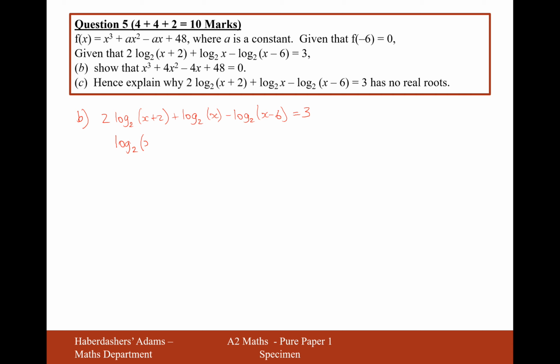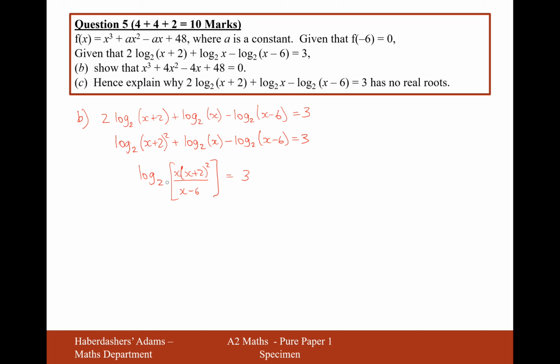So it's going to be log 2 of x plus 2 squared plus log 2 of x minus log 2 of x minus 6 equaling 3. Now we can add and subtract all these logs together. Remember, when you add logs together, they multiply inside the log. So it's going to be x plus 2 squared times x, and then when it's a minus, it divides inside the log, so x minus 6 on the bottom of a fraction. That's going to equal 3.